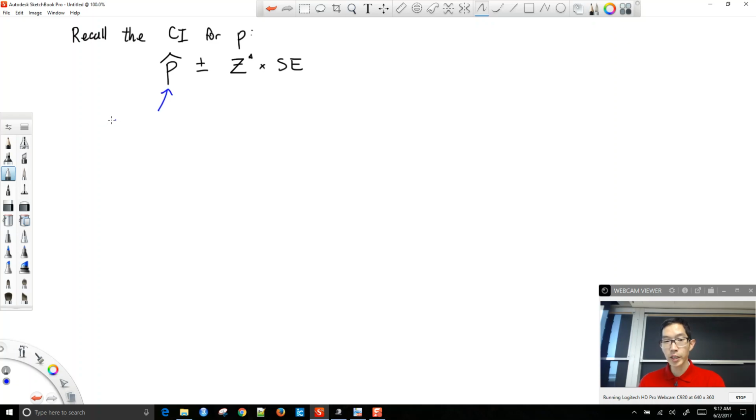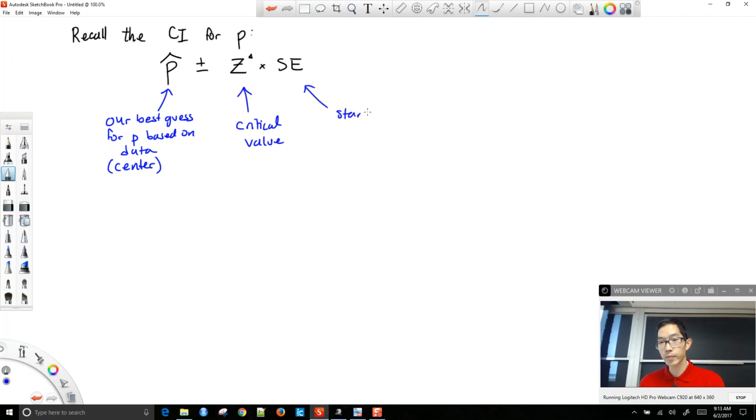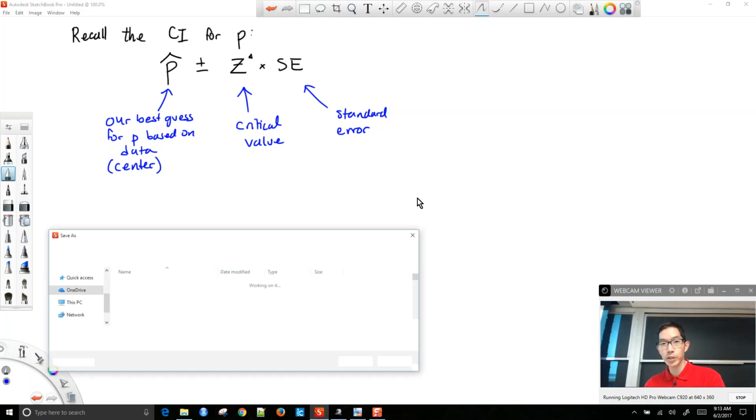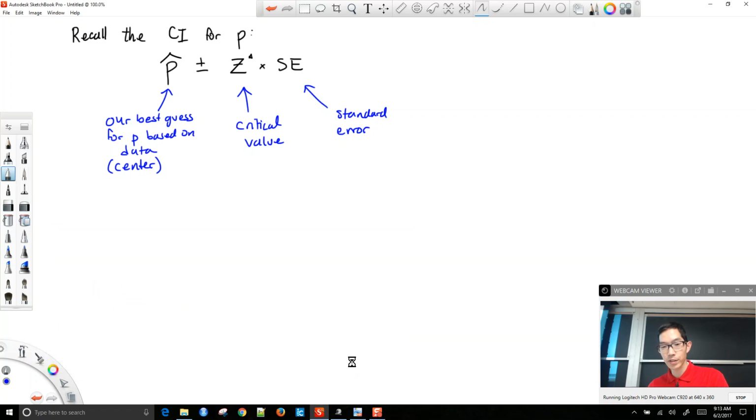P hat is our best guess for P based on the data, and serves as the center of our interval. Z star is our critical value, and we have the standard error. The standard error acts as our estimate of the standard deviation of the sampling distribution, right?